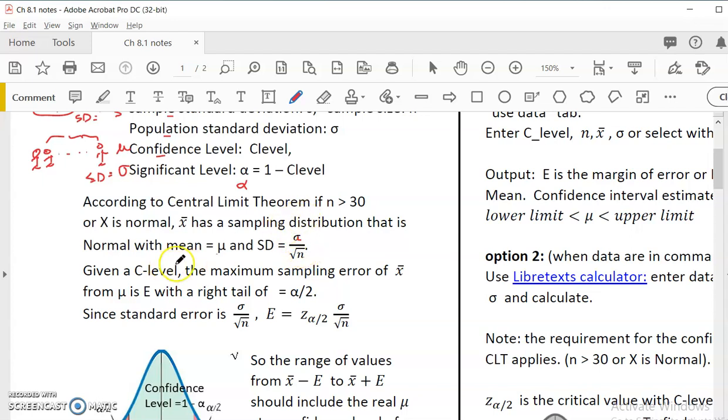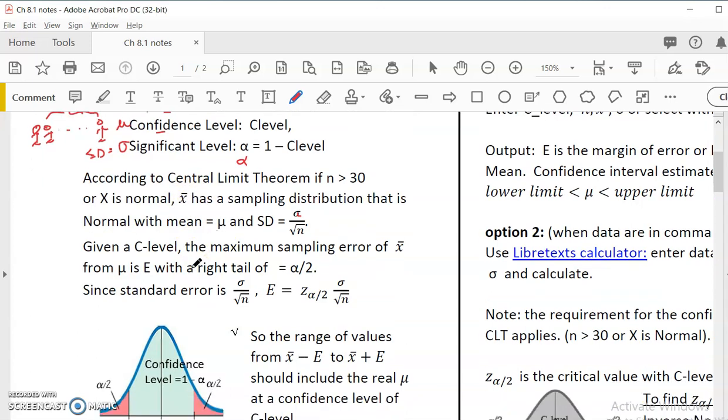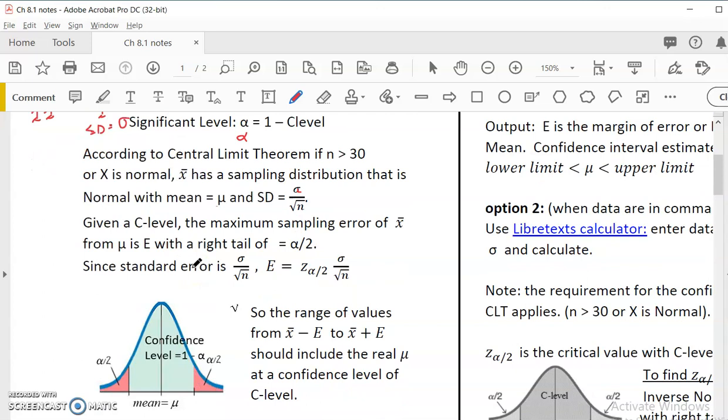You may say, Ms. Chan, I don't even know mu, but you can kind of know the shape is around this. I only have one, x bar. I cannot tell where mu is. That's true. But behind the scenes, we know the central limit theorem works, that if you collect a lot of x bar, they will behave this way in the bell curve that we are seeing here.